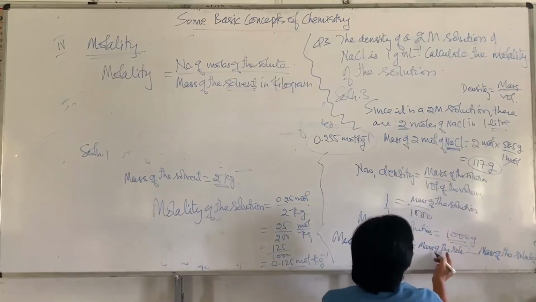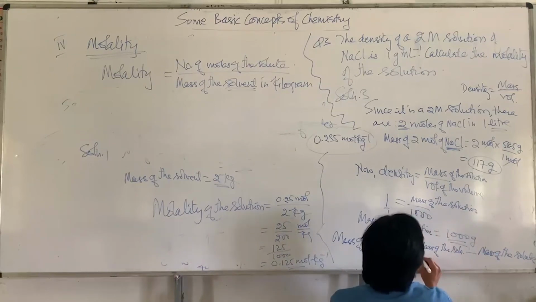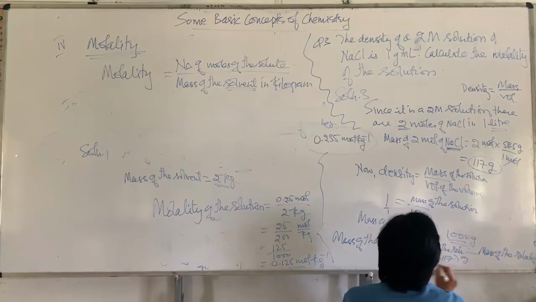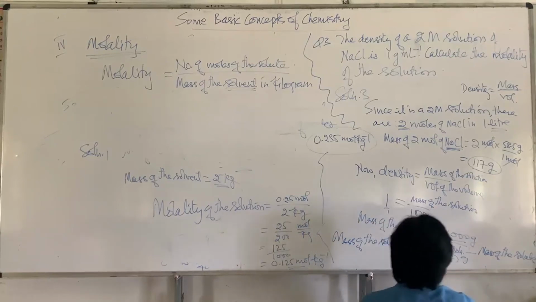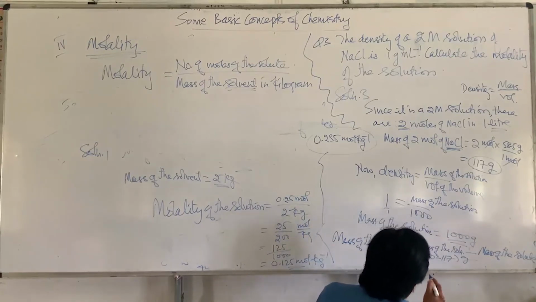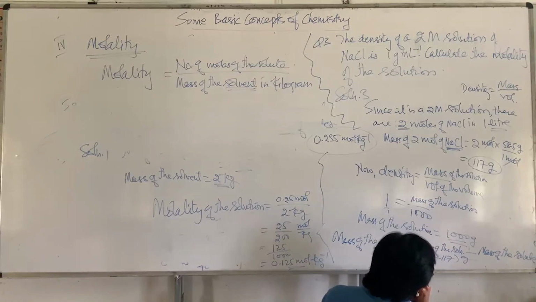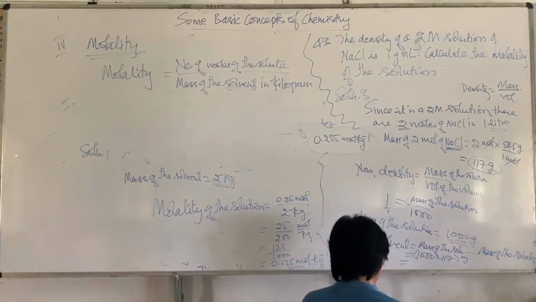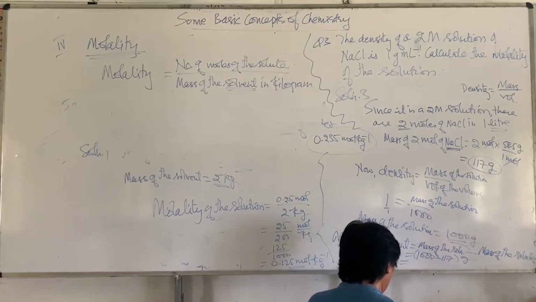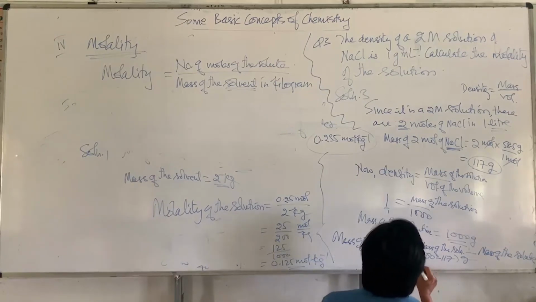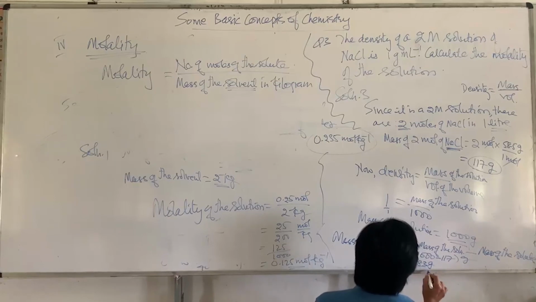So mass of the solution, you have found it to be 1000 minus 117 grams, and finally this mass is 883 grams.